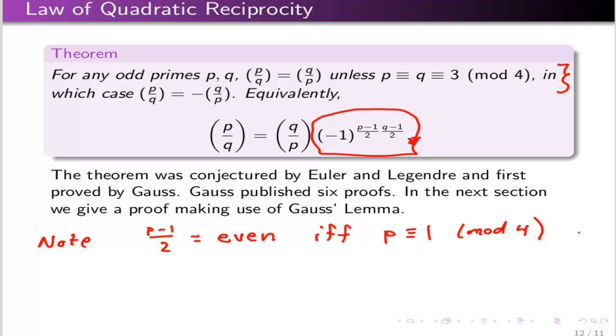So the only way this exponent could come out to be an odd value is if both (p minus 1) over 2 and (q minus 1) over 2 are odd numbers. And the only way both of them can be odd numbers is if both primes are congruent to 3 mod 4. So that's just a cute little trick for summarizing the two different cases that we're looking at here.